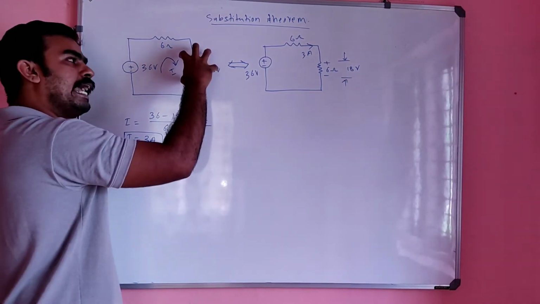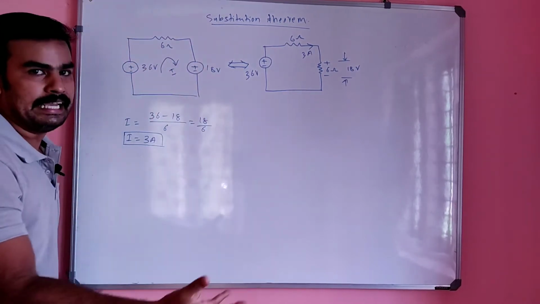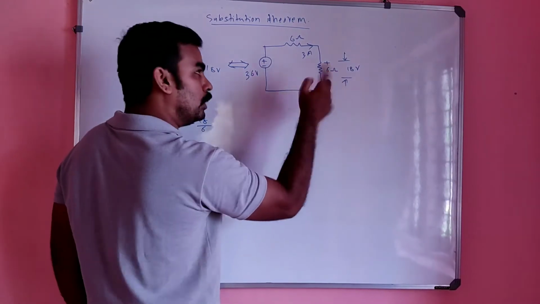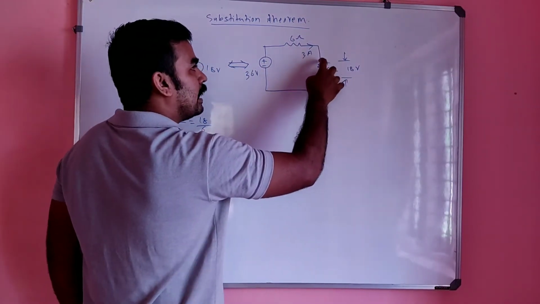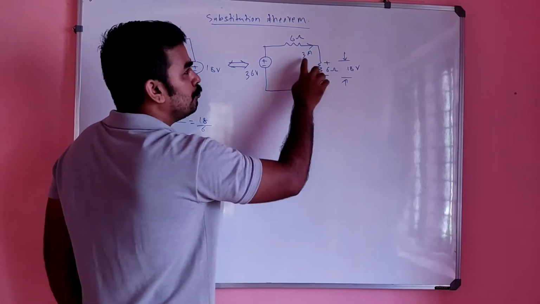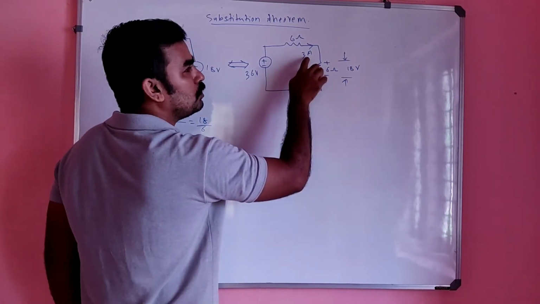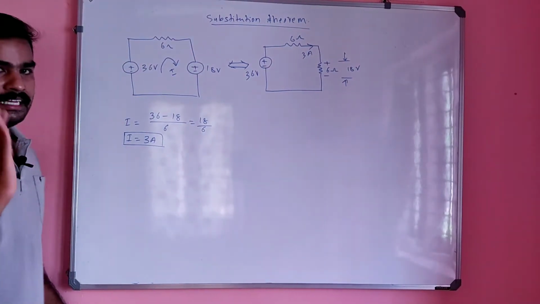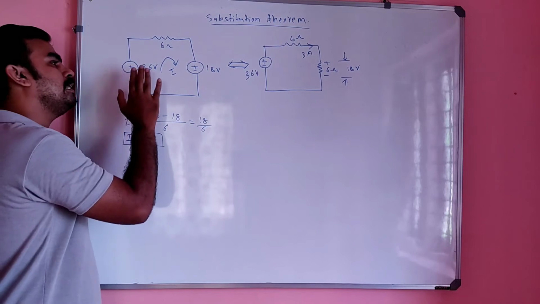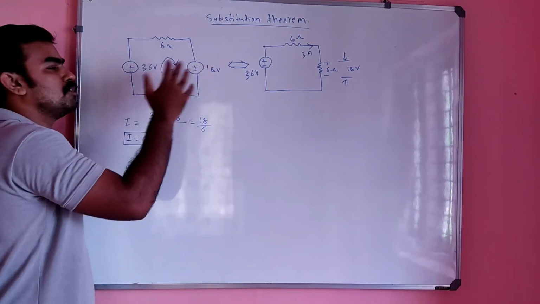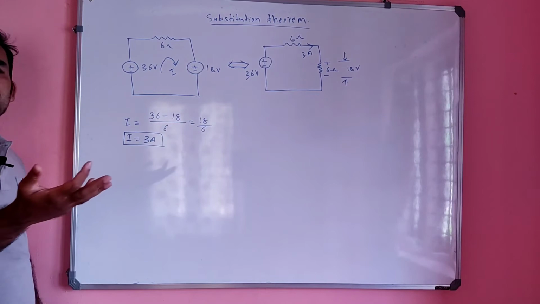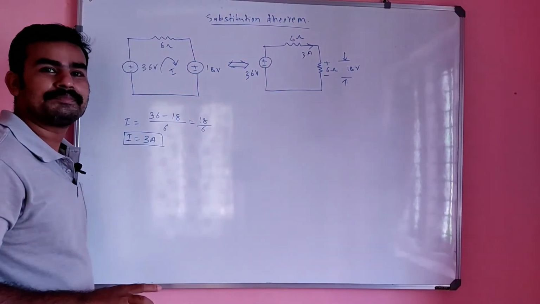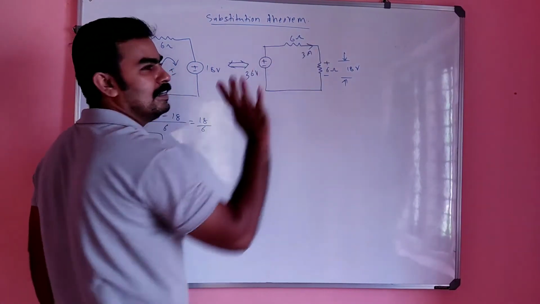This 18 volt can be represented by a resistor of magnitude 6 ohm, so that when the 3 ampere current flows through it, it produces a voltage of 6 into 3, that is 18 volt. So in simple terms, if a circuit contains one or many voltage sources, any one of the voltage sources can be represented as a resistor in series with a current.